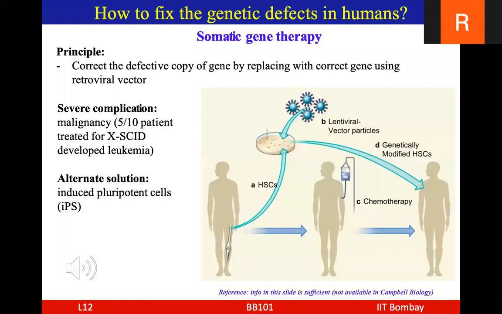We are sending the correct copy of the gene using the lentiviral vector, or you can just imagine it's a vehicle. And these hematopoietic stem cells now will replace the defective blood cells or defective gene, and the person will feel good. So this is how your BB101 ends here, especially the lectures, and here there's tutorial lab.